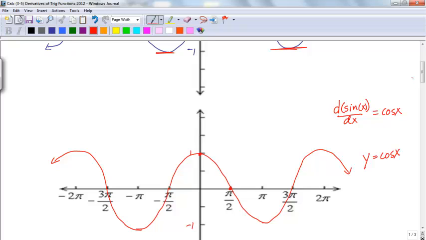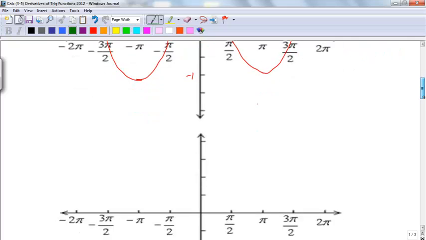Then you can take the derivative of cosine. If we look at the slopes at the special x values, if we do the slope at x equals 0, the slope is 0.